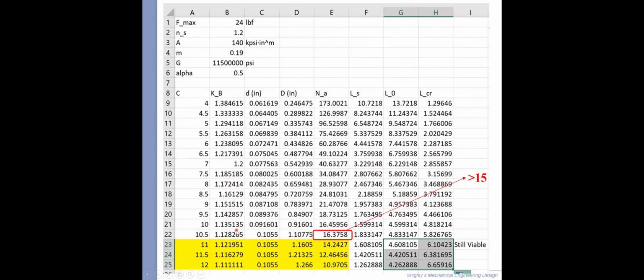So what we can select is a number of active coils less than 15, right?